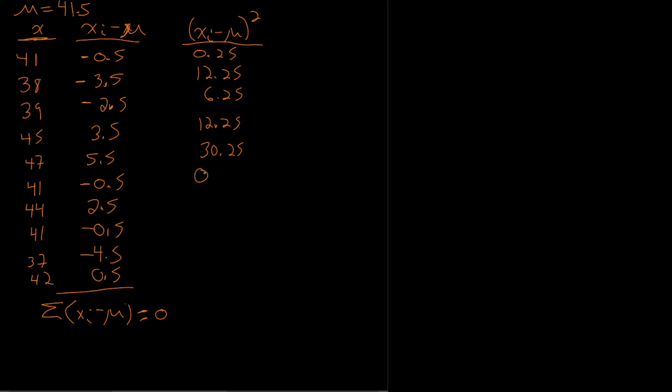And we've repeated this number, so I can repeat my calculation there. I already did 2.5. That's 6.25, 0.25. Haven't had a 4.5 yet. And that's 20.25 and 0.25. And so now I have all of these squares.